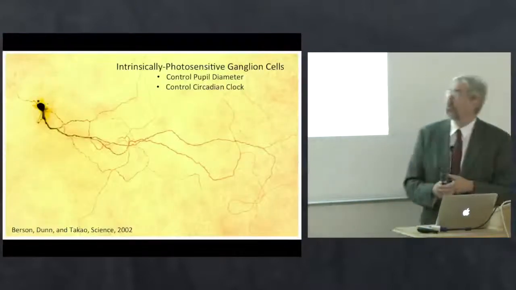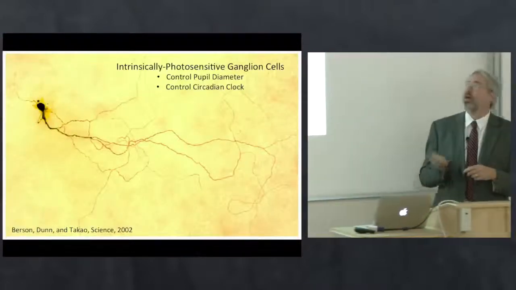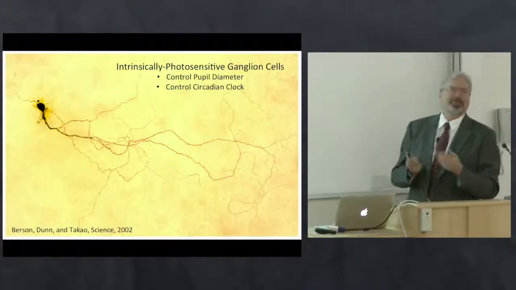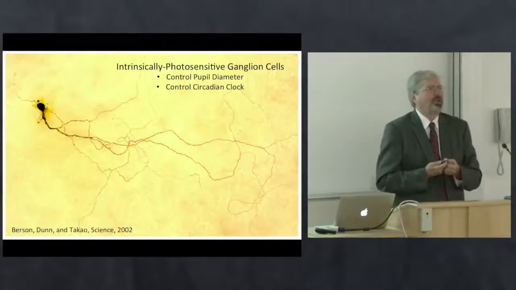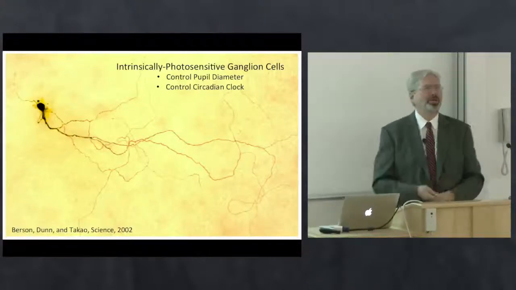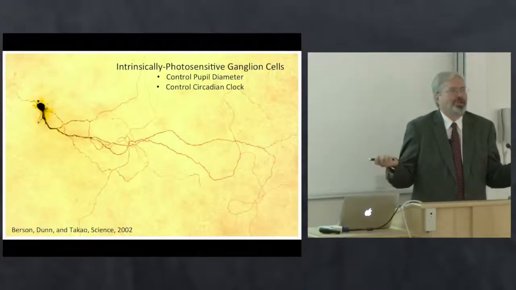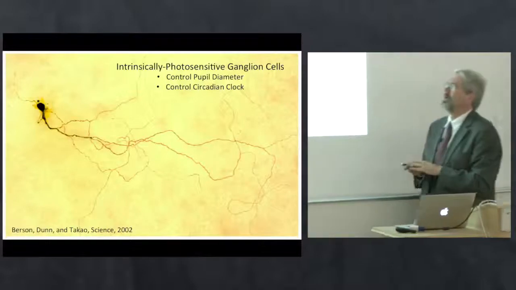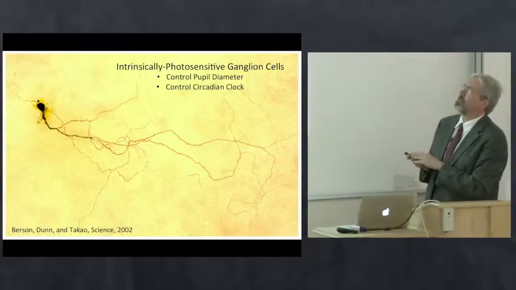Another example would be the intrinsically photosensitive ganglion cells. If you'd asked me a decade ago, if you told me that there were ganglion cells that were sensitive to light on their own without input from rods and cones, I would have laughed, because I would have thought, well, we know what the light sensors are in the eye. But of course, as many of you know, there's been this discovery of these cells, and they do have important functions.